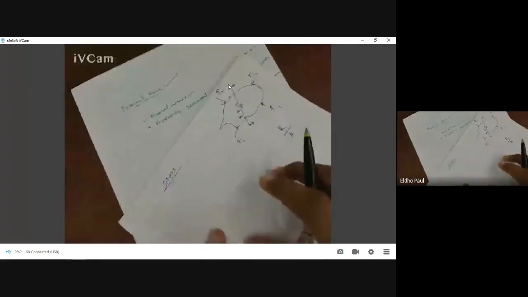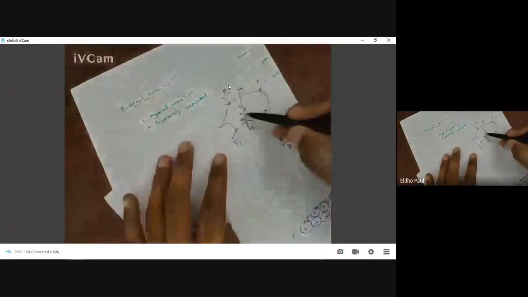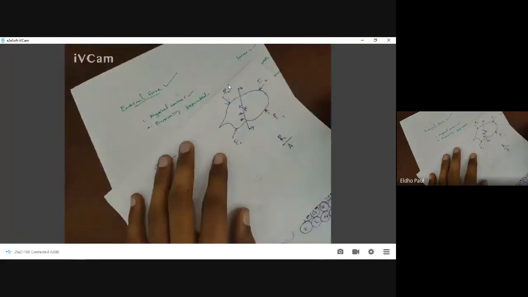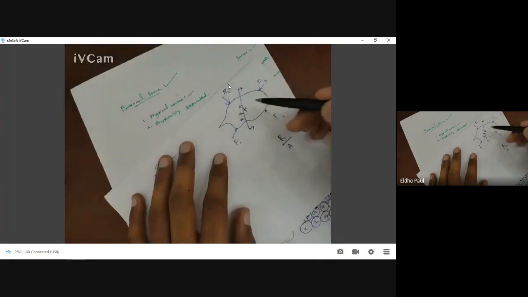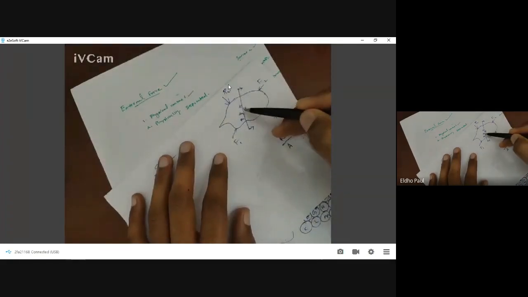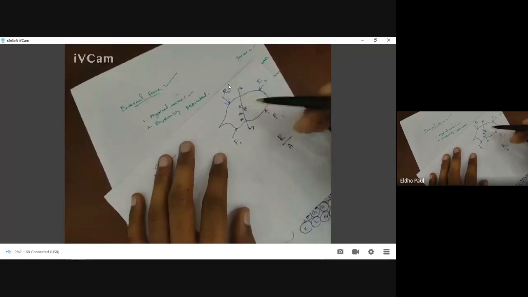So there will be some internal force developed across this cross section, and this internal resistance force per cross-section area is called stress.